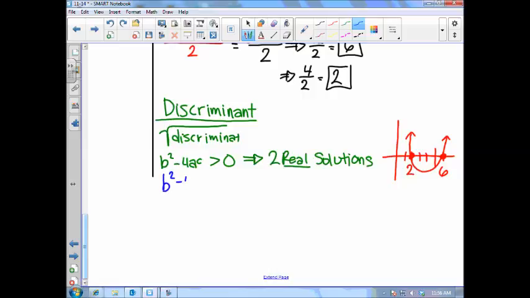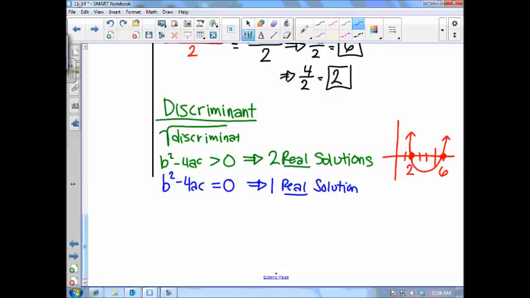If the discriminant is exactly equal to 0, if the discriminant equals 0, we only get 1 real solution. What are real numbers? I kept saying this word real. What are real numbers? Integers, decimals and fractions, right?